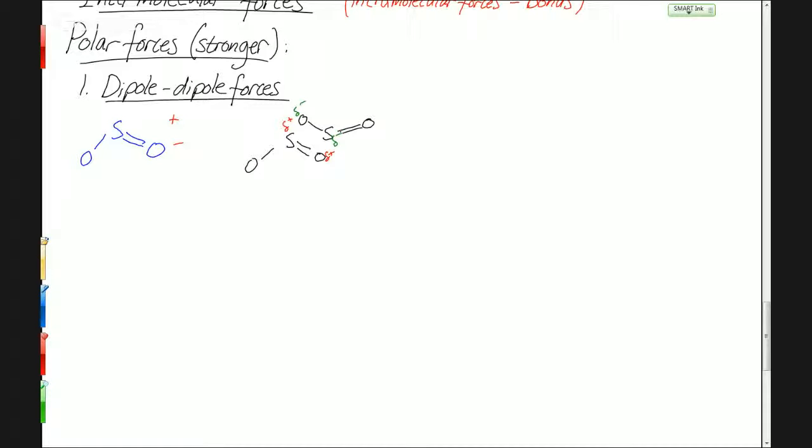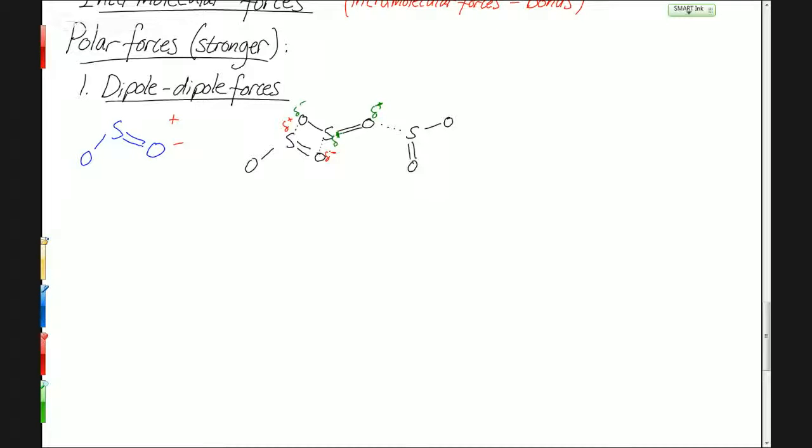Another way to do it, if they don't kind of fit directly like this, is you could kind of imagine them going like this. Negative.